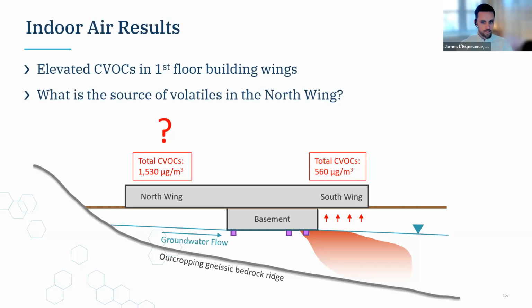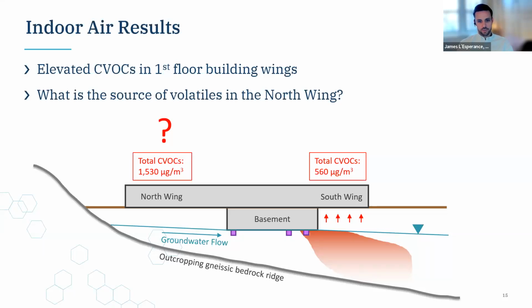I'm not showing all the concentrations here, just to simplify the slide, but the concentrations from groundwater through soil gas were in line with what you'd expect for the attenuation of those chemicals. So that tracked, that made sense to us.